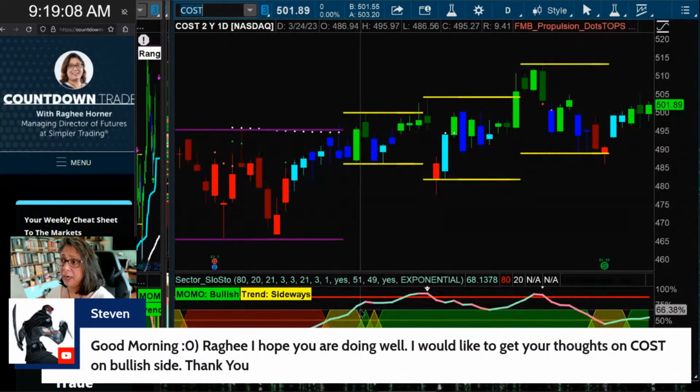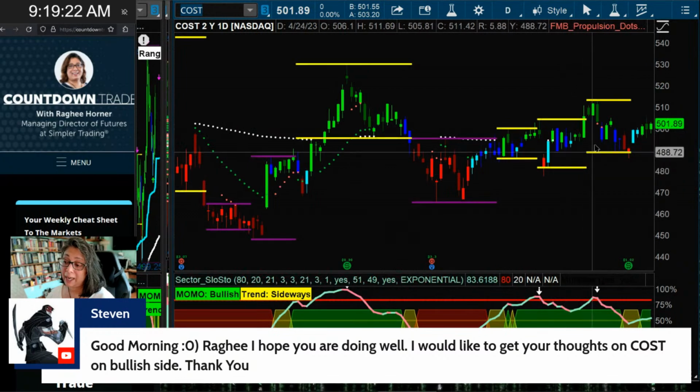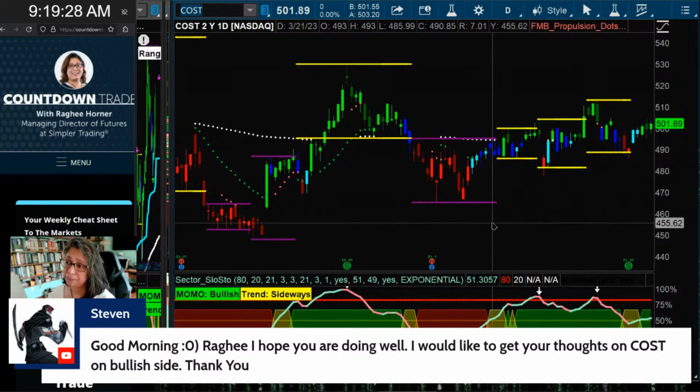Costco, daily time frame and neutral environment. I don't have anything clear on Costco. As far as the bullish side, let's use an oversold or retest of say 490 to 480 before we can get long Costco again.